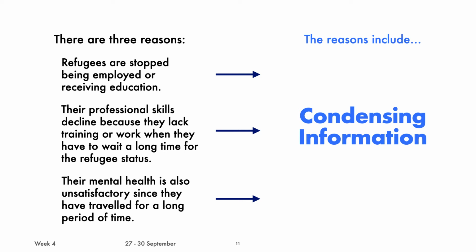Their mental health is also unsatisfactory since they have traveled for a long time. So in the original passage, there are four sentences. But if you want to turn it into one sentence, what can you do? You may want to think about it for a few seconds, you may want to pause the video before you move on to see one of the suggested answers.